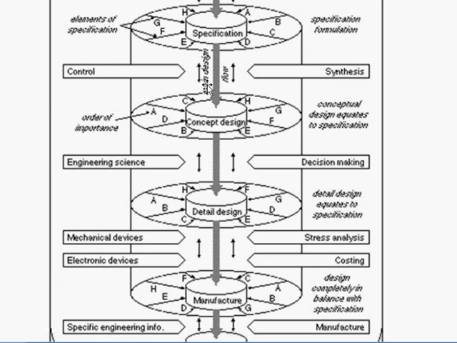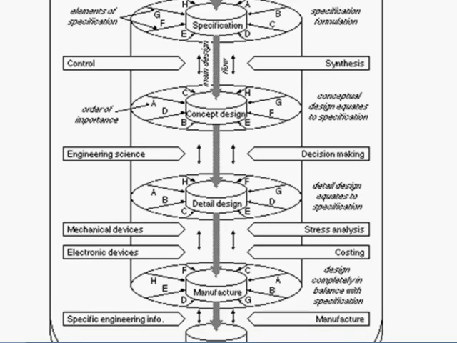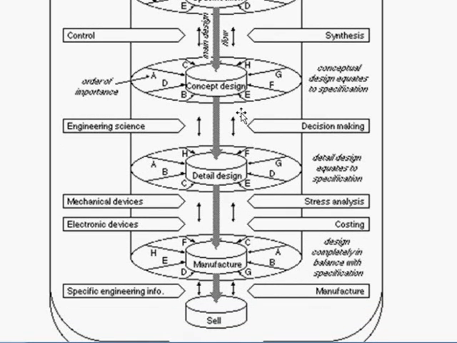Okay, once you've done that, you reach the detailed design stage. Here, there are some items to be thought about. For example, engineering science. What that means is, is your concept actually going to work in reality? So you could do a quick check just to see that your product ideas are going to actually work in reality.